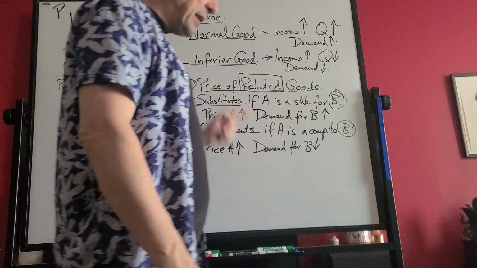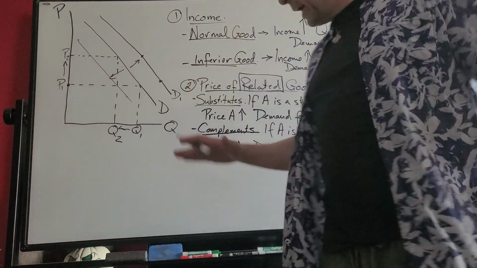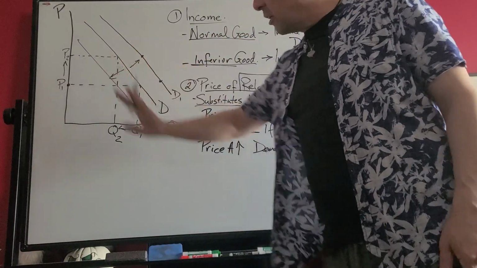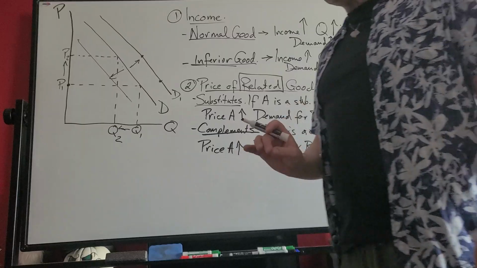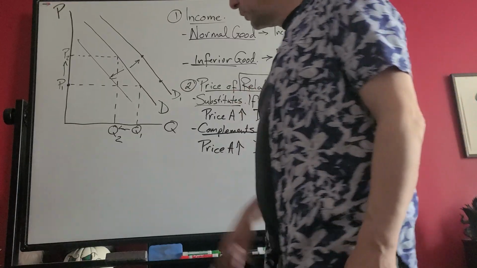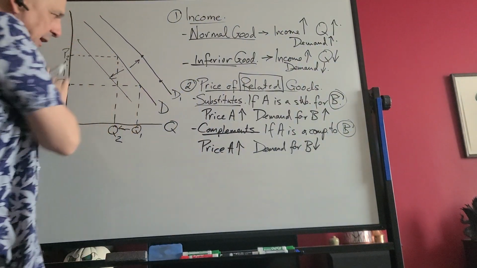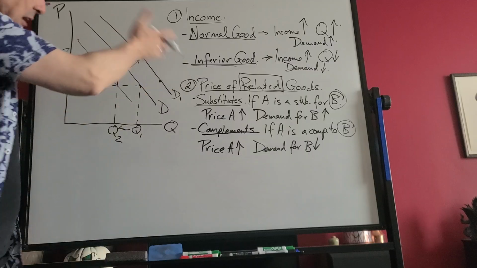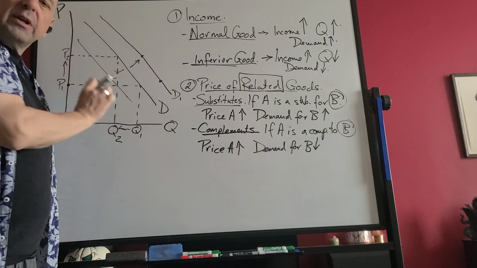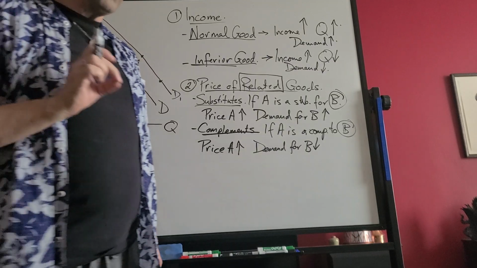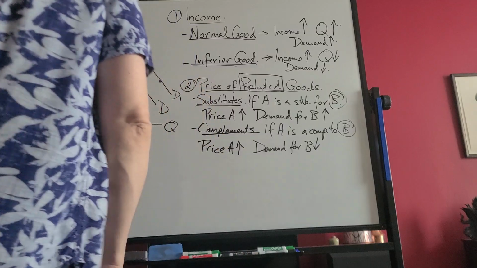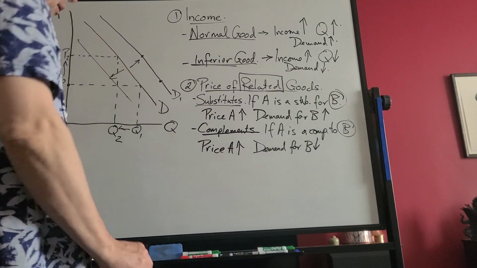So if the price of pancakes goes up, we're going to demand less syrup, and that causes a shift in the syrup demand curve. It causes a change in the quantity demanded of pancakes, but that translates into a reduction in the demand for maple syrup.